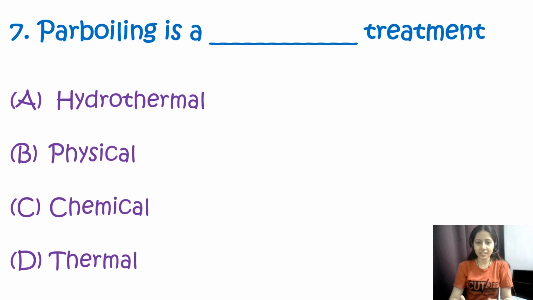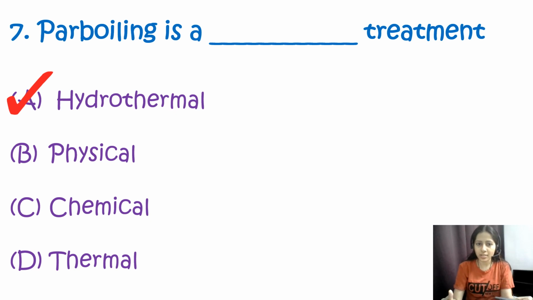Question number 7. Parboiling is a dash treatment: hydrothermal, physical, chemical or thermal. The correct option is A. That is, parboiling is a hydrothermal treatment. It involves partially boiling the rice grains in water before they are processed further.